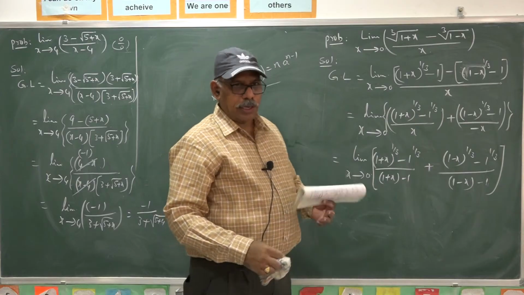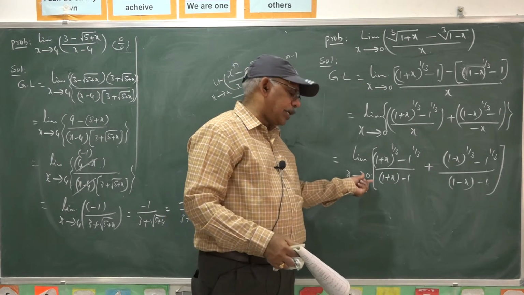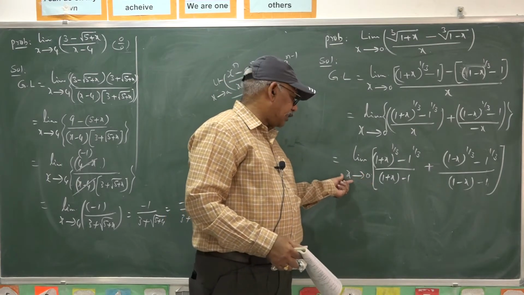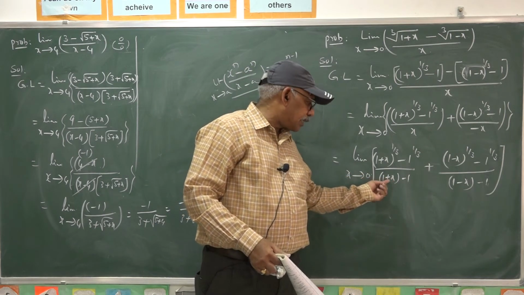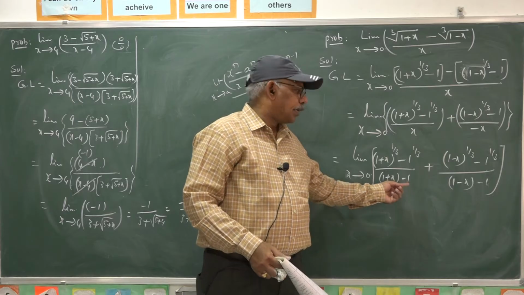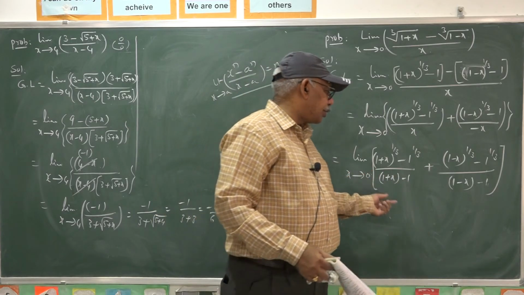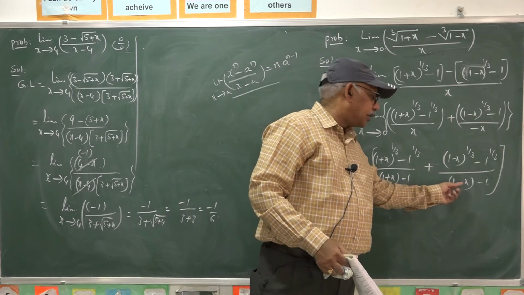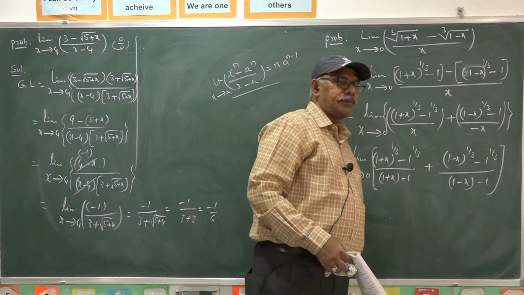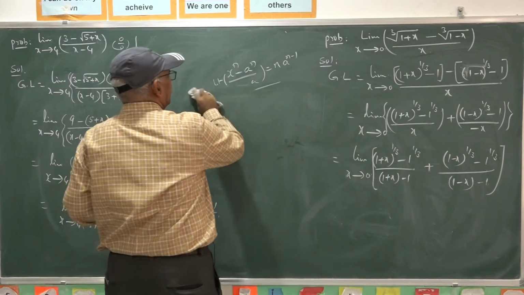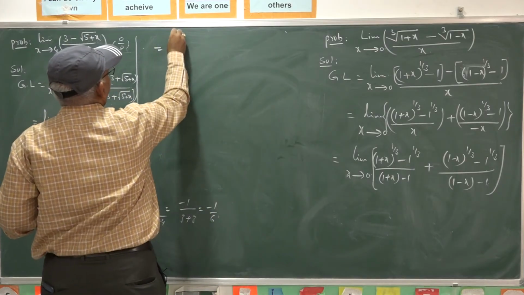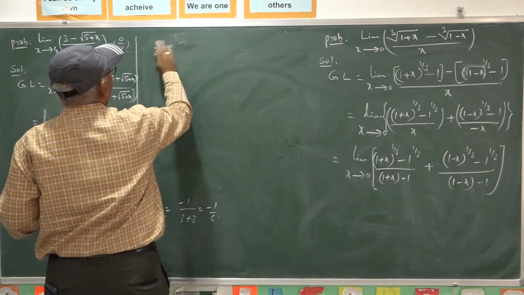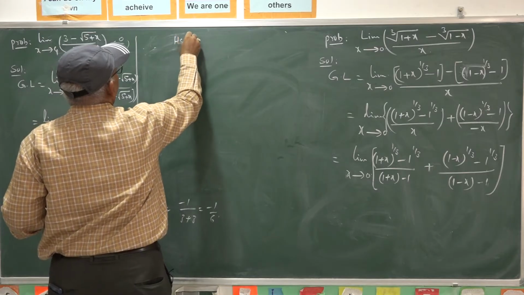Now you can clearly observe that as x is nearing 0, this 1 plus x is nearing 1. Similarly, as x is nearing 0, 1 minus x is also nearing 1. So that for both the terms, the limit may be applicable here.